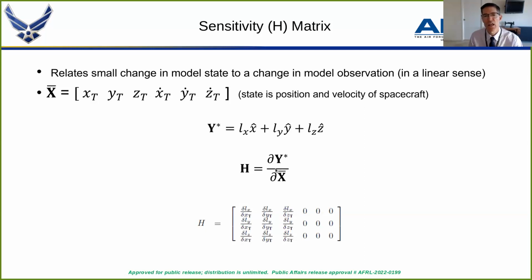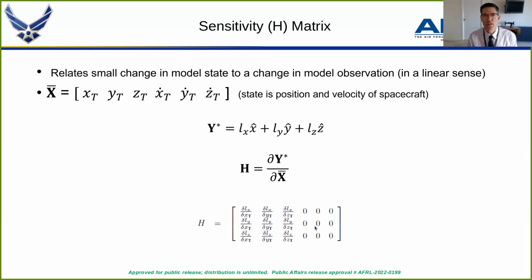We take the partial of this observation model with respect to the state, and we get this partials matrix. Notice that the three columns on the right are 0 because this unit vector can see no velocity. It only sees position. So these three columns are 0.